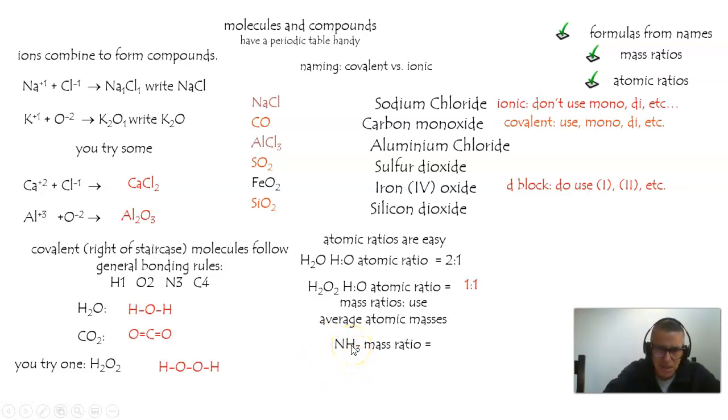And hydrogen atoms have a mass of 1 atomic mass unit, or 1 AMU. Therefore, since there's 3 of them, the ratio is going to be 14 over 3. Punch that in, and you'll see that's 4.67 to 1. Ammonia has 4.67 grams of nitrogen for each gram of hydrogen. That's a little bit about molecules and compounds.